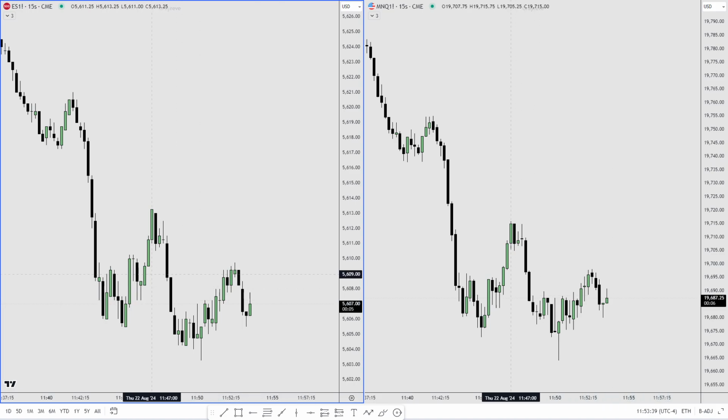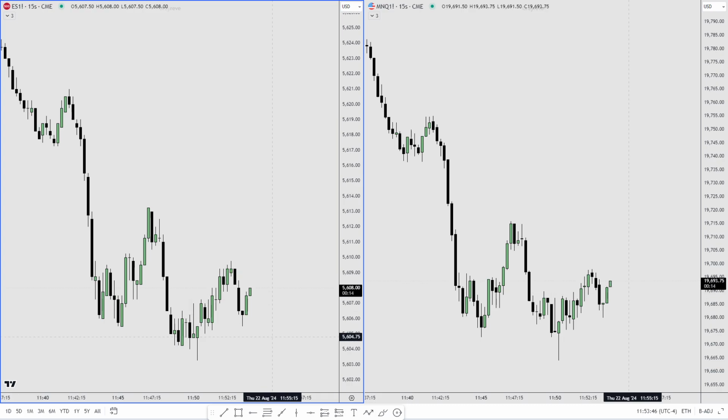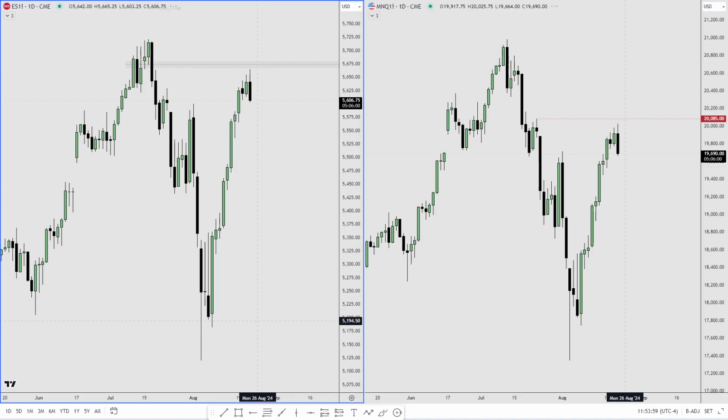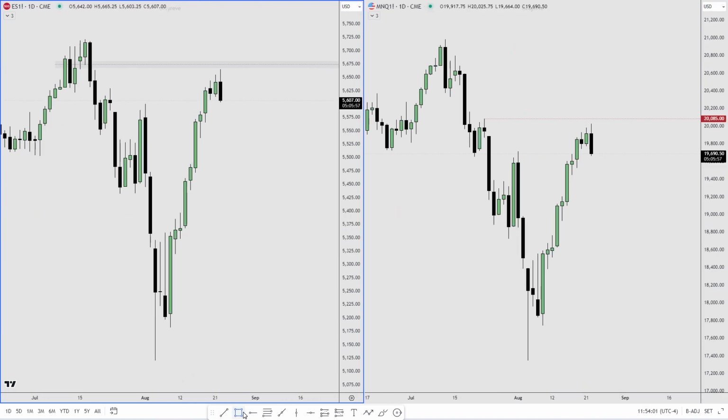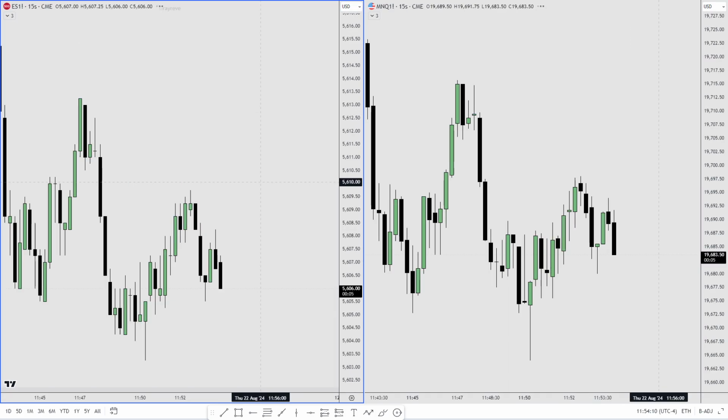So far it's still respecting this 1, 2, 3, 4 up close candles. On the daily, have we reached this level here? Oh, okay, that could be the draw on liquidity. Let's see.